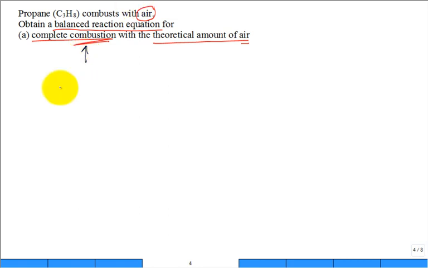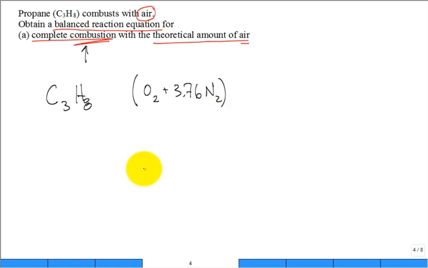So what we do is we write down the fuel, C3H8. We're getting oxygen from air, O2 plus 3.76 N2. That's a good way of representing the air. If I want to, I can sometimes put a 1 in there, but I don't have to.